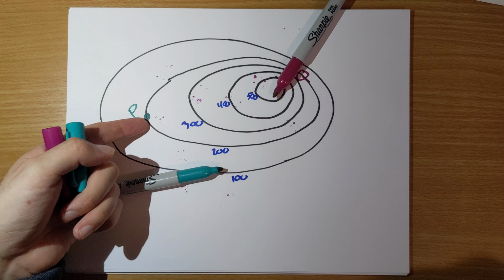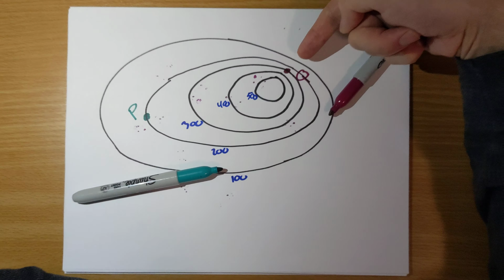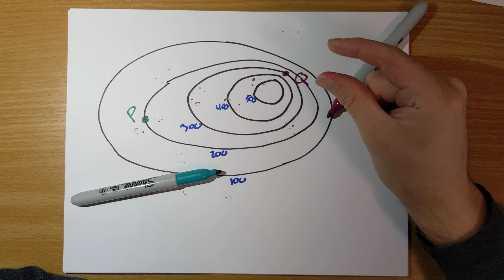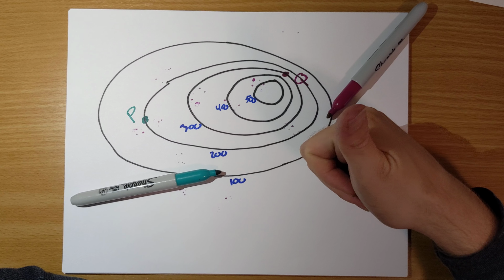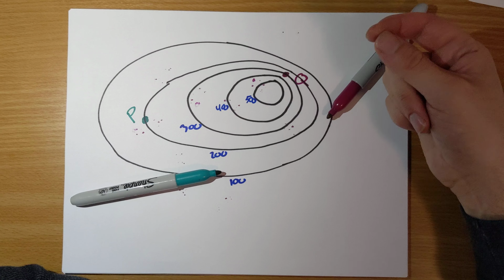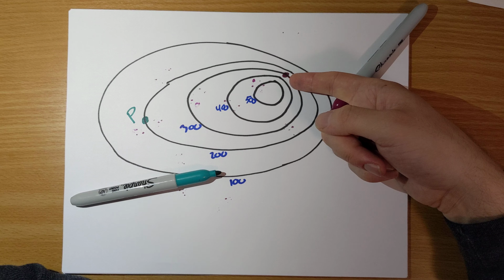This is a nice, gentle stroll up the side of the hill. But if you're going up this way, the contours are very, very closely spaced together, which means that you're very, very quickly increasing your height, which means that the gradient is very large in absolute value here.